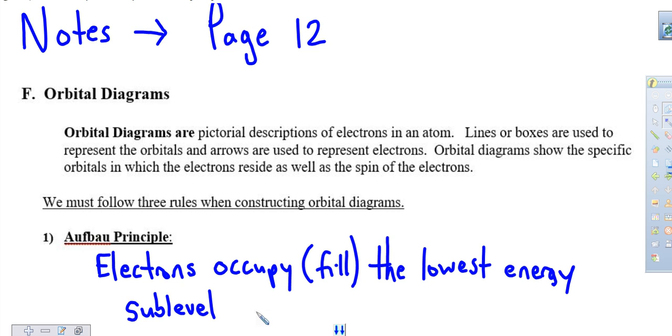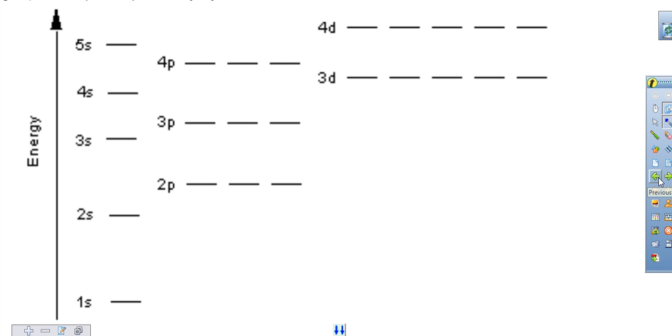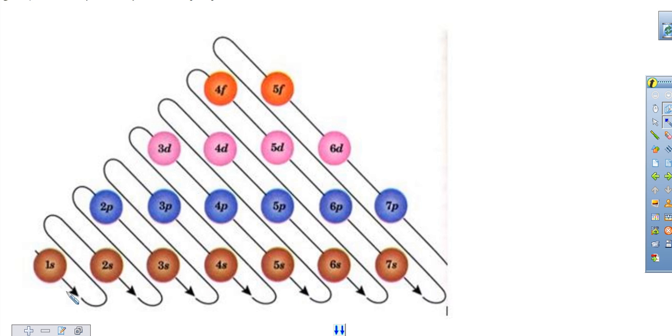All right, so the lowest energy sublevel is the 1s. So electrons are always going to go in the 1s, and then once the 1s is full, the 2s comes next. And so the flow chart that we looked at in class this week, that is the Aufbau principle. The electrons are always going to fill up in this sequence, unless they're excited.